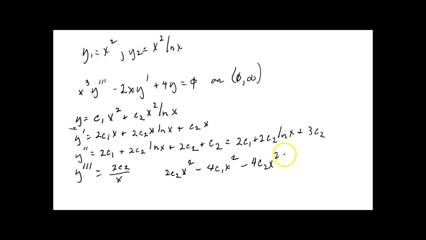And then a minus 2x times c2 x would be a minus 2c2 x squared. I think I got them all in there, okay?